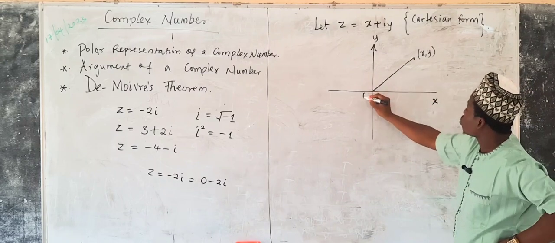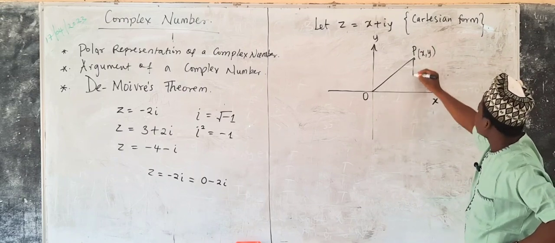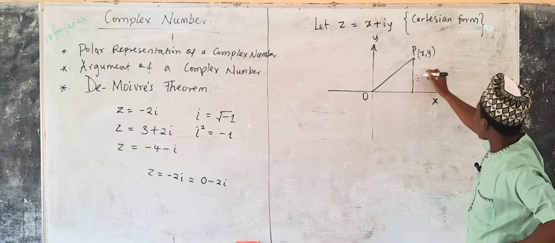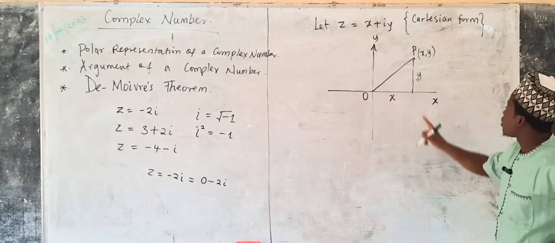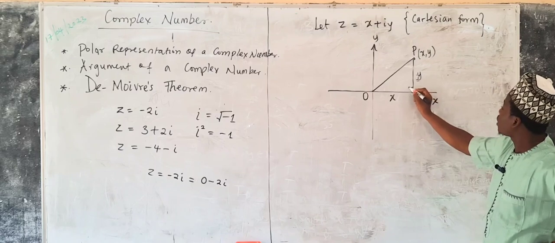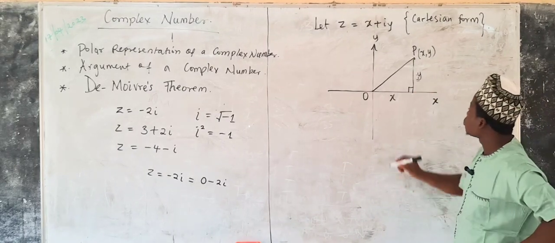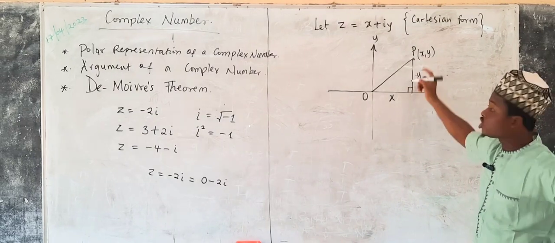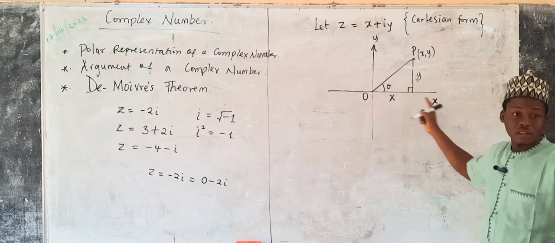If we say here is O and here is our P, then this is our y-axis and this is our x-axis. This line makes an angle 90 with the x-axis, and also this line OP makes an angle theta with the x-axis.